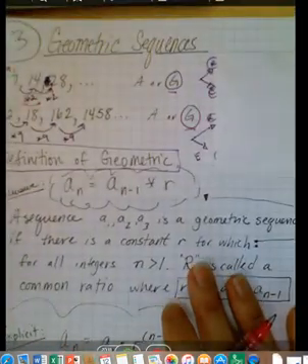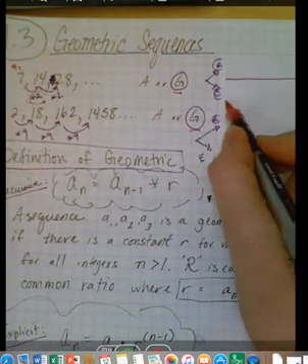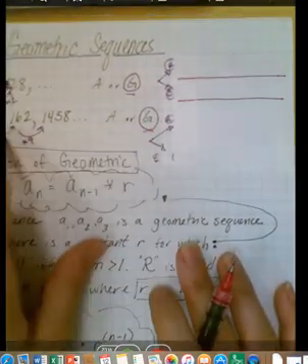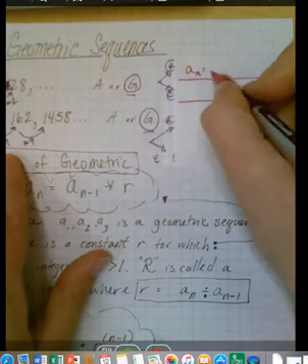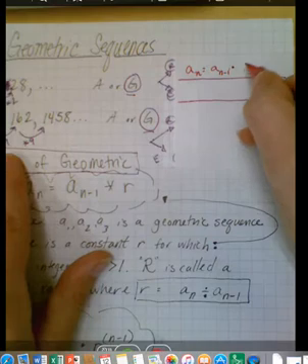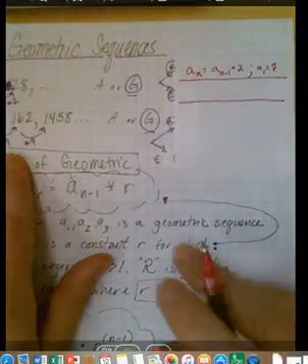Now let's say I want to write a recursive function or equation and an explicit one for this one. So let's say I want to do recursive. Well, each term is found by taking the previous term and multiplying it by 2, where my first term was 7.